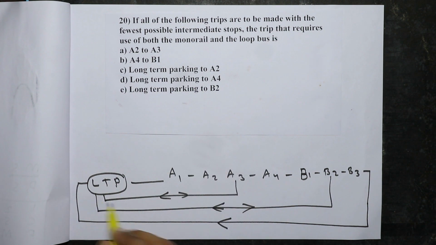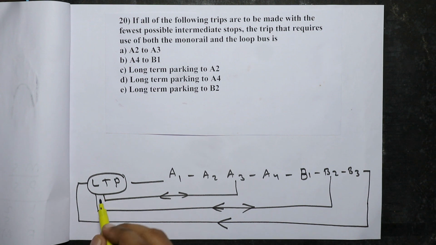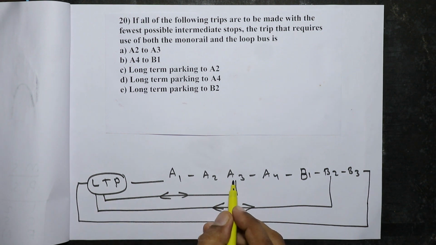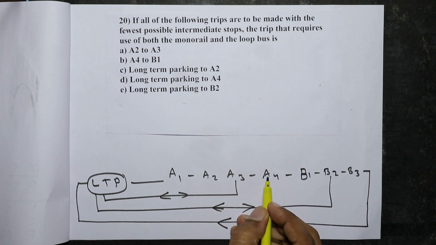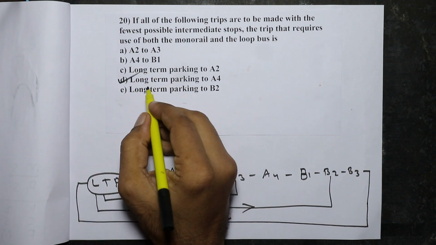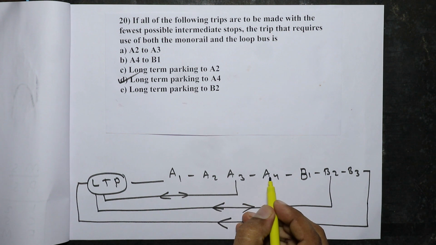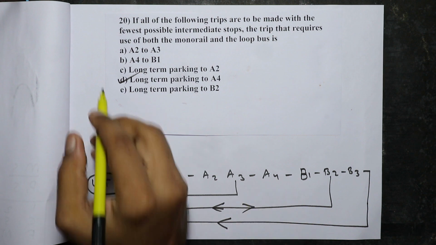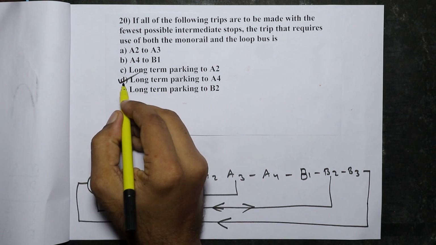Minimizing intermediate stops, he will first take a monorail to A3, and then from A3 to A4 by the loop bus. So both monorail and loop bus have to be used for long-term parking to A4. Hence option D is the right answer.